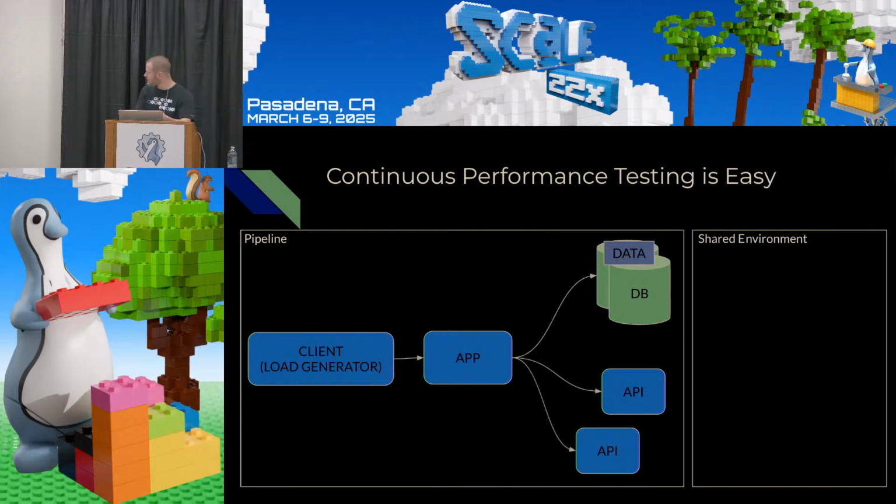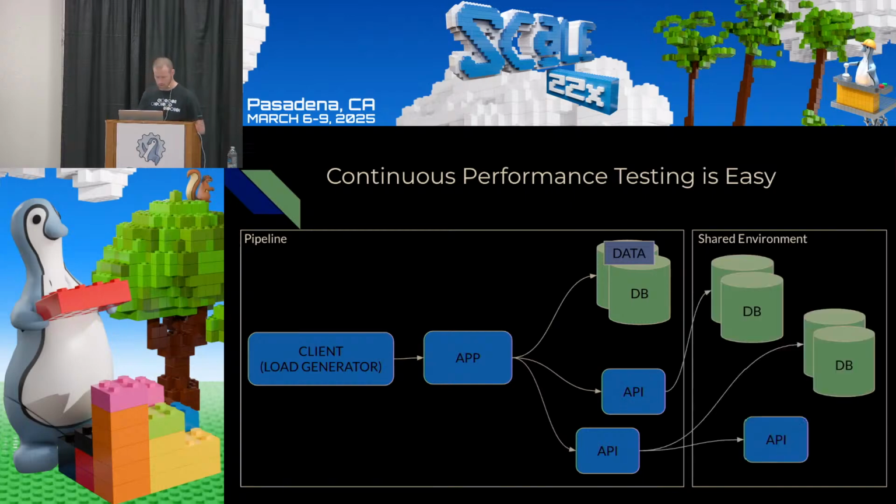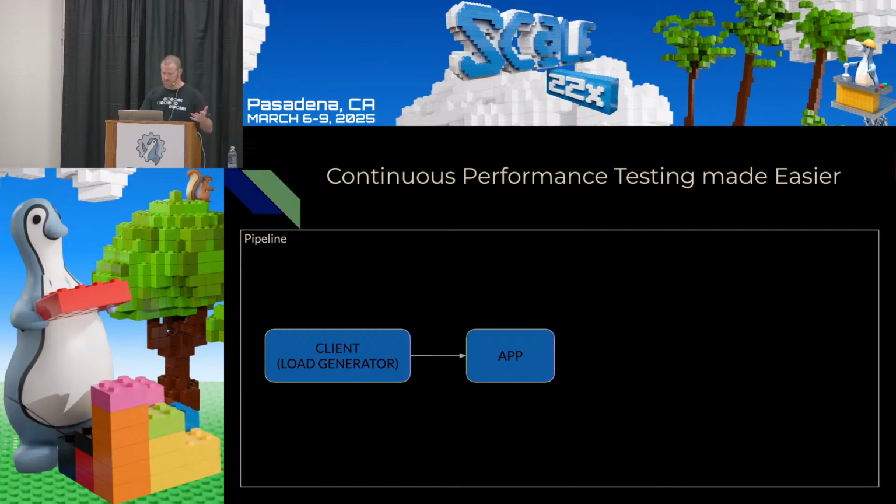I also forgot that there are other APIs that I need to talk to, and those APIs have their own databases and APIs, and some of these may be external, which is outside of your control. So maybe this is not as easy as we thought, but there is a way that we can get here. So if we have our app and a load generator, we can back our app with mocks.